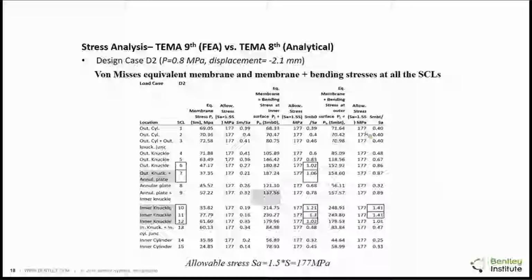So with these two, analysis was performed, and finally the von Mises equivalent membrane and membrane plus bending stresses were calculated at all the stress classification lines. So this is the power of the finite element, whereas instead of getting simple hoop stress and bending stresses, circumferential stress at 1 or 2, 3 locations in the TEMA 8th, you get it at every stress classification line.